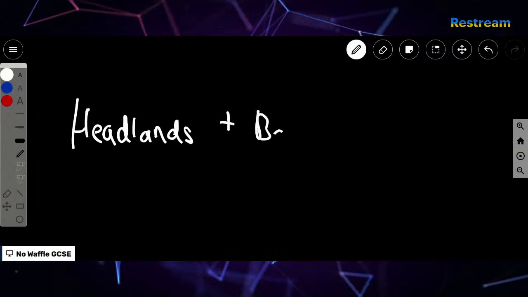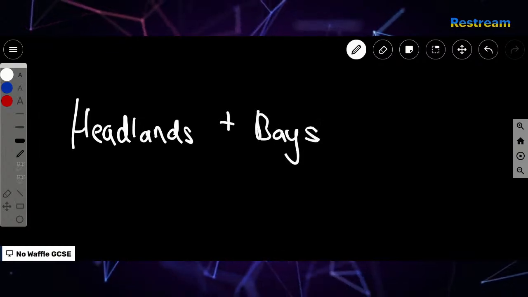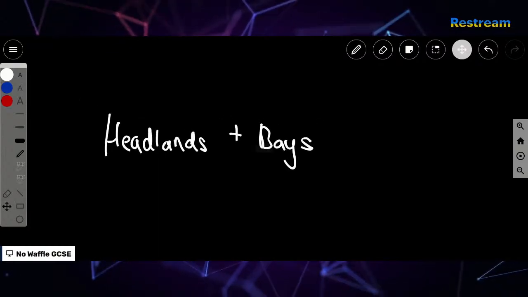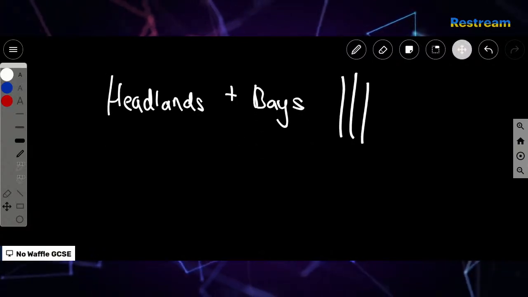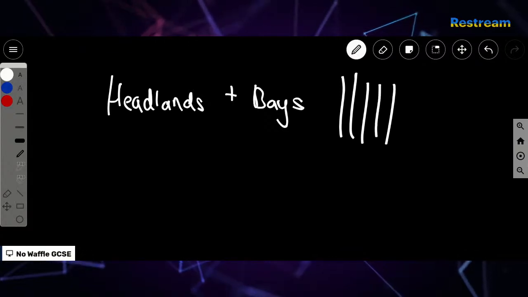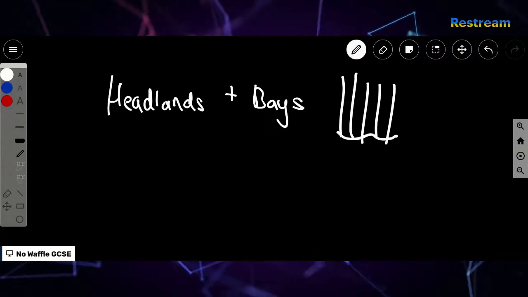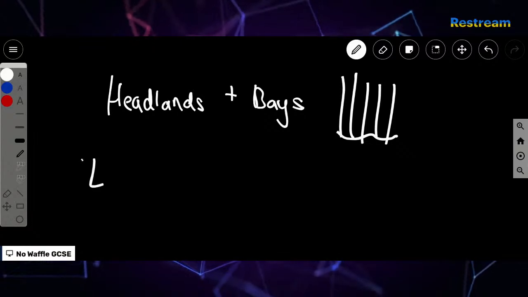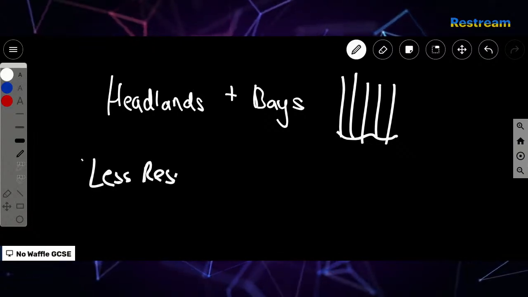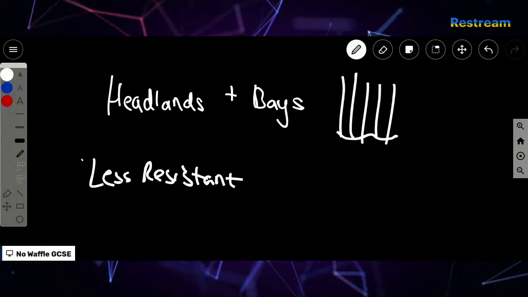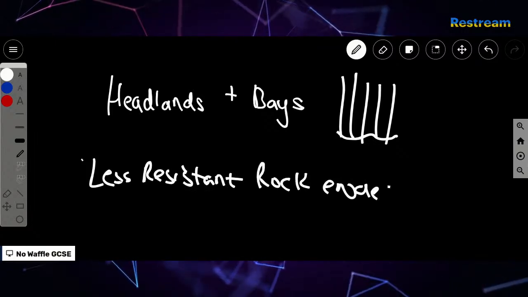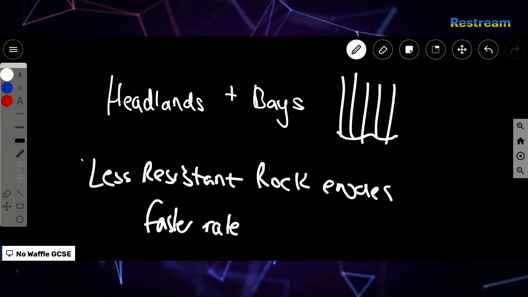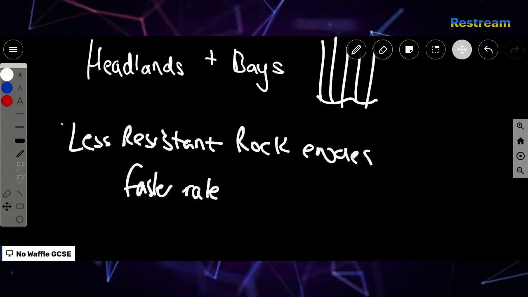Headlands and bays form along discordant coastlines. We said that discordant coastlines is when alternating bands of rock are perpendicular to the sea. So what happens is the less resistant rock erodes much faster, at a faster rate than the more resistant rock.